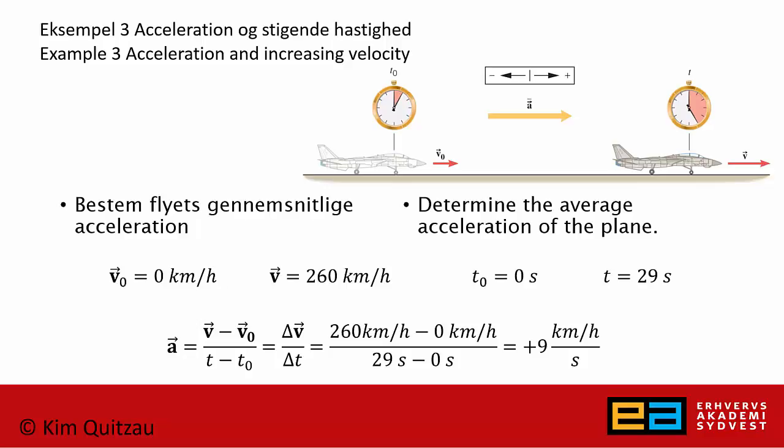That gives 260 kilometers an hour minus 0 kilometers an hour divided by 29 seconds minus 0 seconds equals plus 9 kilometers an hour a second.